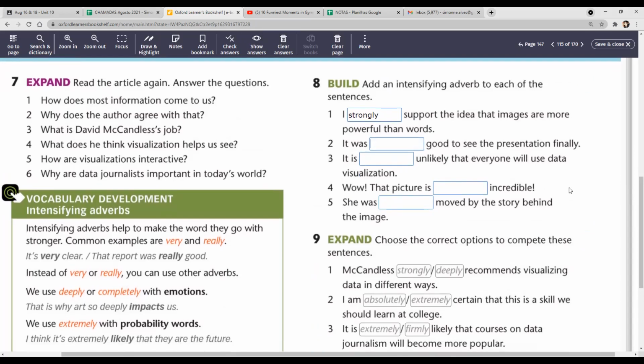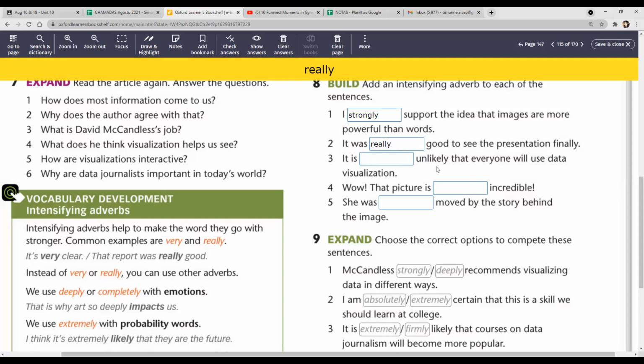Let's see, guys. Number 2, it was really good. Okay, all right. Very good. Number 3, it is very unlikely. Look at the word unlikely. Is it a probability word? Okay.